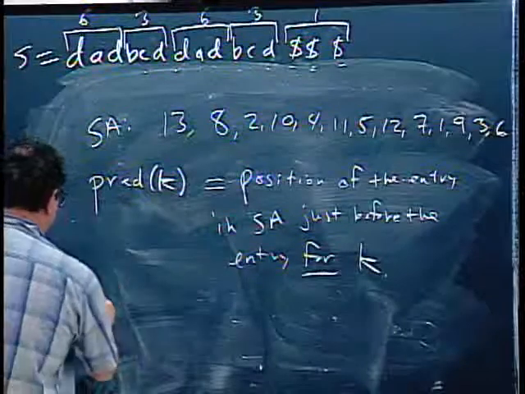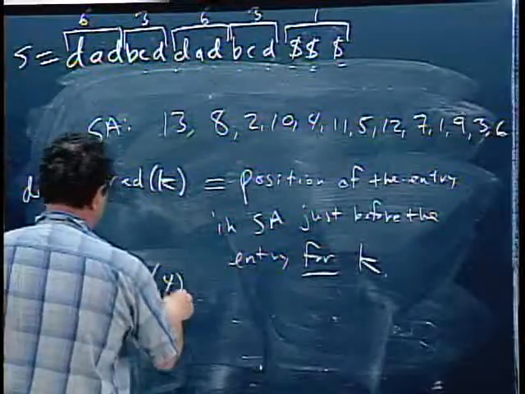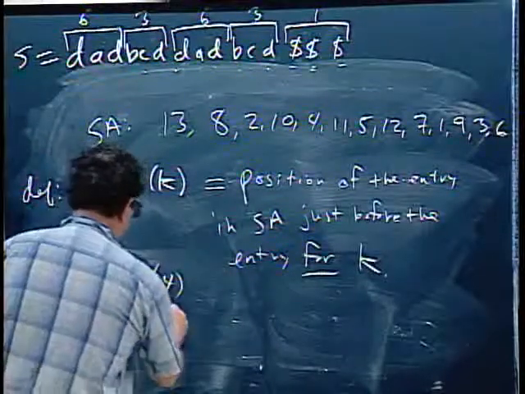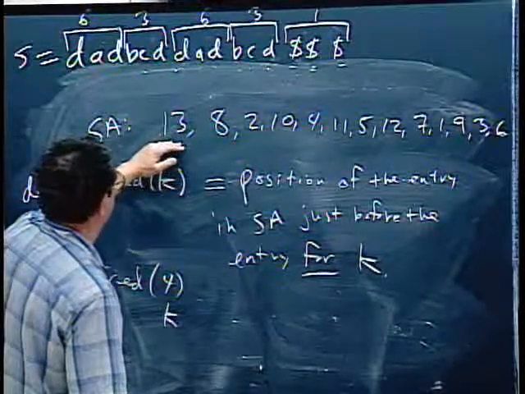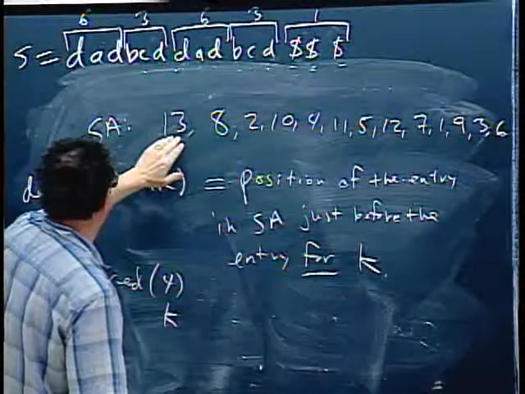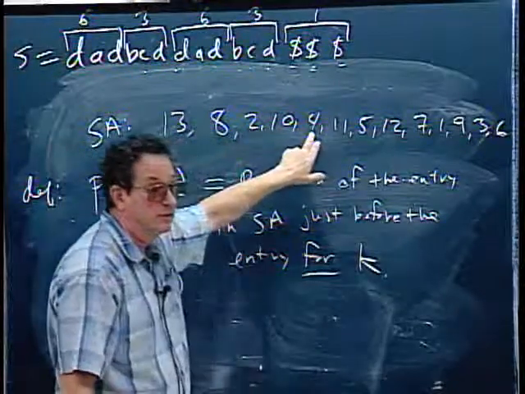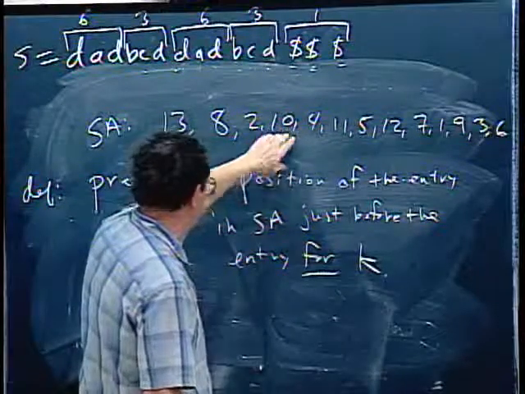So, for example, the predecessor of 4. K is equal to 4. Where is 4 in the suffix array? It's in position 1, 2, 3, 4, 5. And the position just preceding that is this one, and the value that's there is 10.